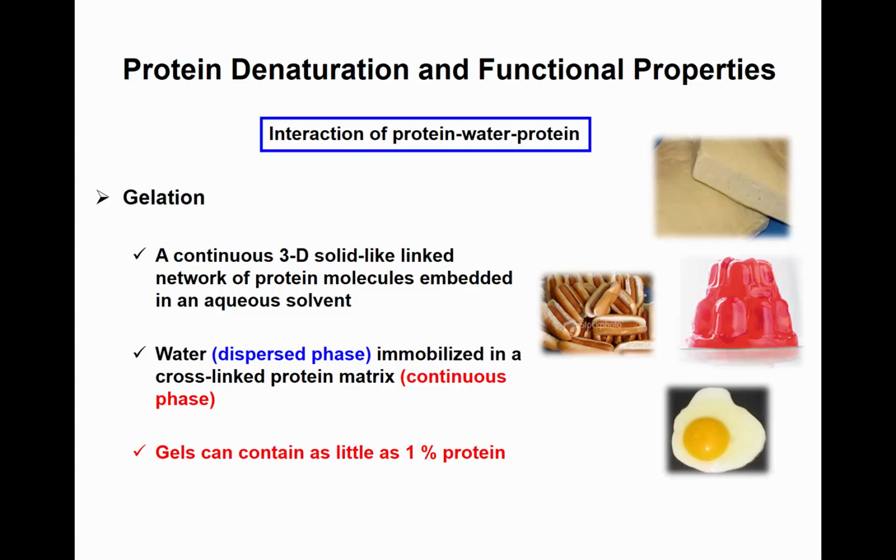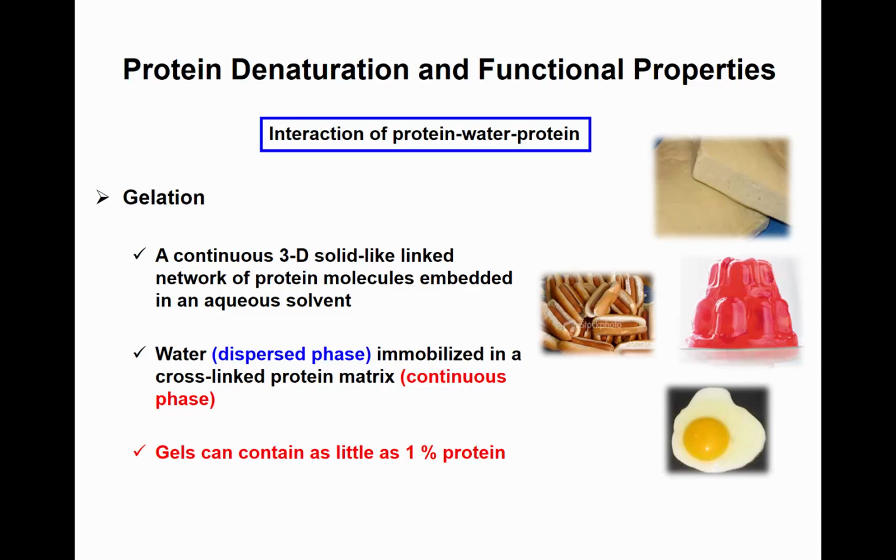gelation. So it's a three-dimensional network where the protein interacts with water and protein. So protein-protein and protein-water interaction. So the water is the dispersed phase, and the protein is the continuous phase because the network is formed through the protein. And some gels can contain as little as 1% protein, especially gelatin can gel at really low concentration.